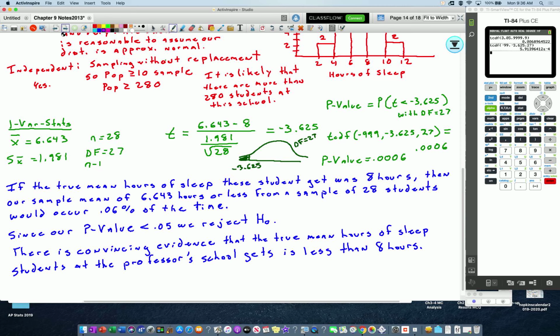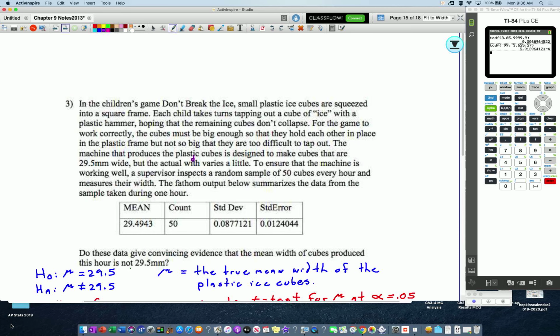All right, so now let's click on the next one. One of my favorite problems to talk about because it's a fun children's game that some of us played when we were kids called Don't Break the Ice. If you haven't played the game before, or if you have, this might refresh your memory.